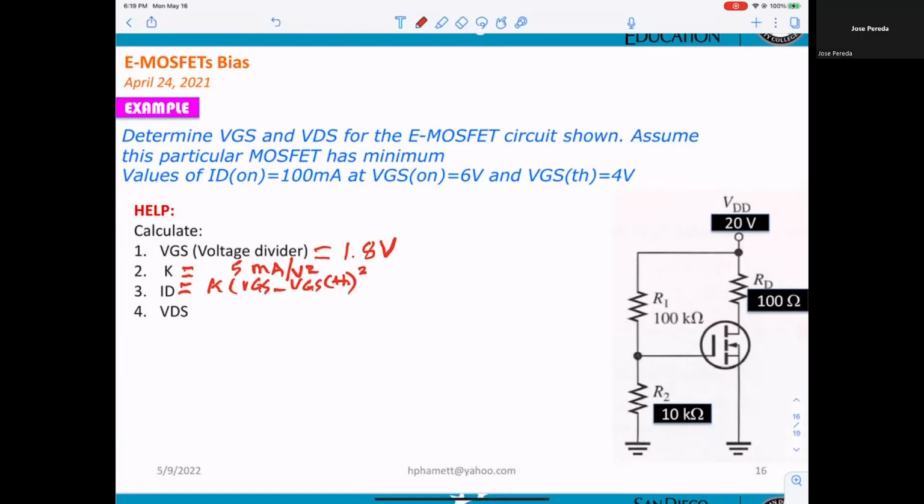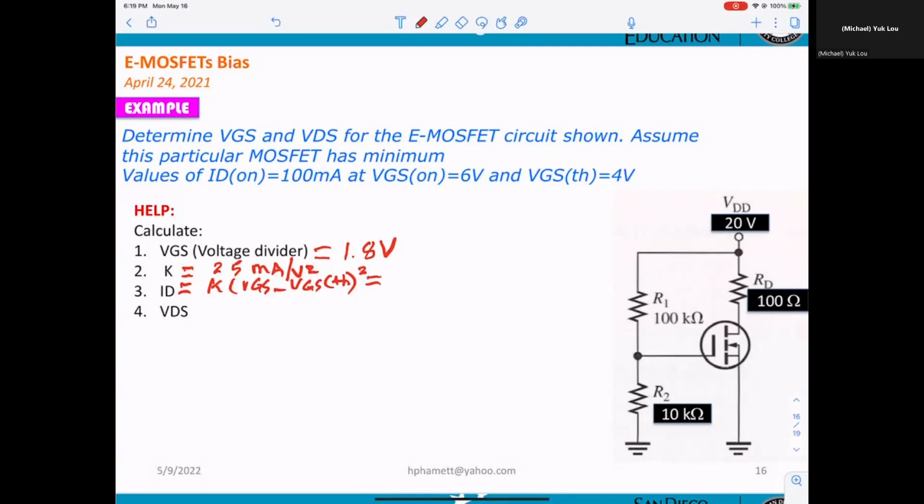Yeah, so it's 25, and then if you take VGS minus VGS(TH), that's... So what ID did you get? 100 milliamp. You forgot to square it. No, because it's 6 minus 4, it's 2. 2 times 2 is 4. 4 times 25 is 100.